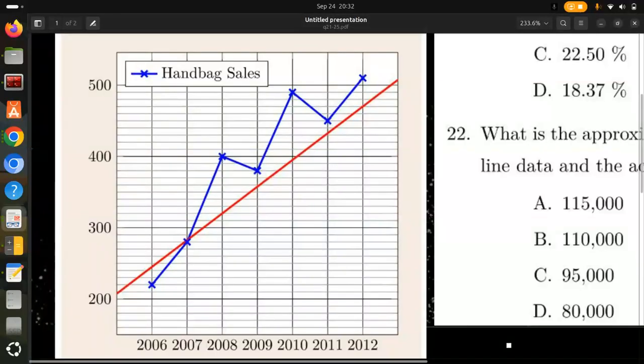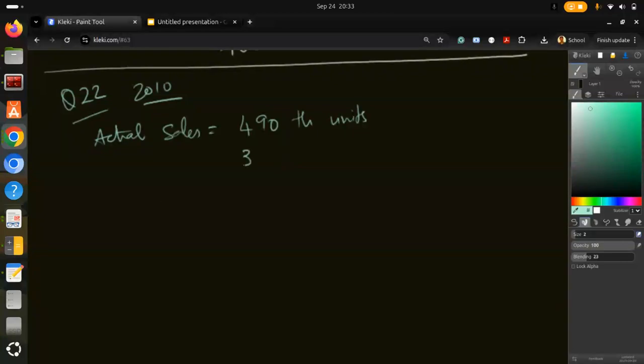Whereas for the trend line at 2010, it is exactly in between these two data points, slightly less than 400 and slightly more than 390. So I'll assume it to be 395,000 units. So this is the trend sales.